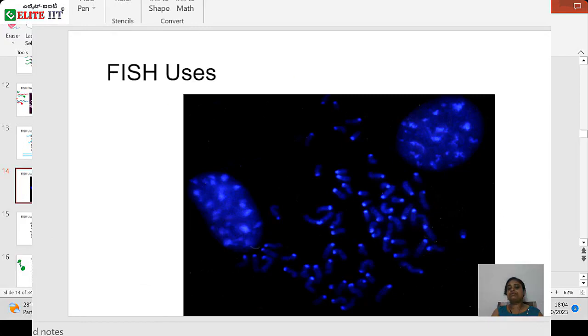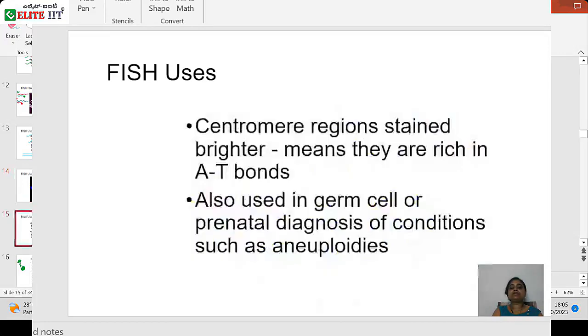The background of a fluorescent microscope is always black, but whatever color of fluorescent compound you add will show. If you add a blue fluorescent compound, you will see blue color. Whereas if you add a green fluorescent compound with the probe, you can see a green colored chromosome. Okay, in this way you can visualize.